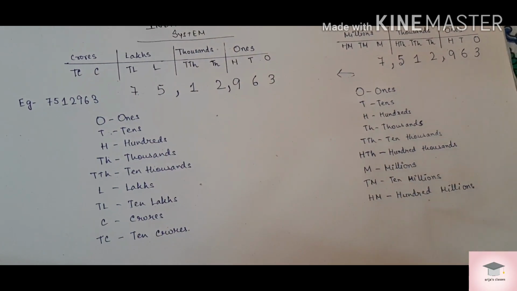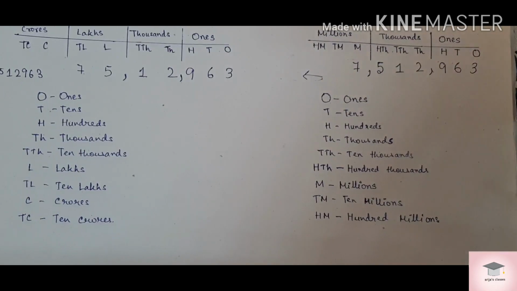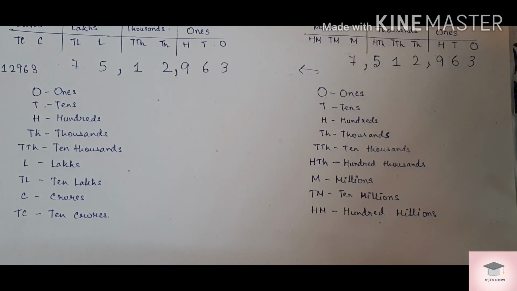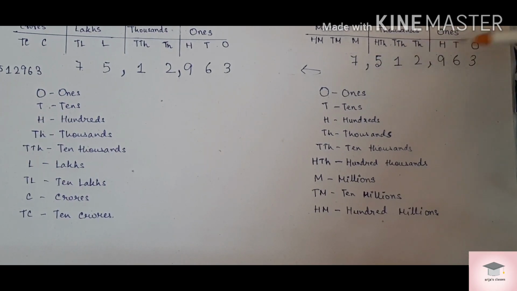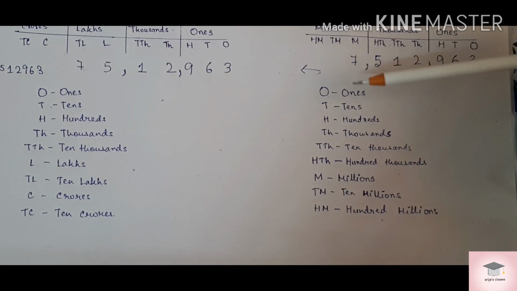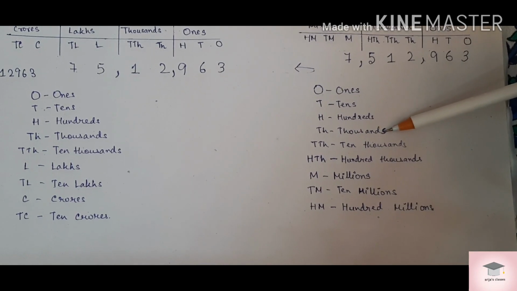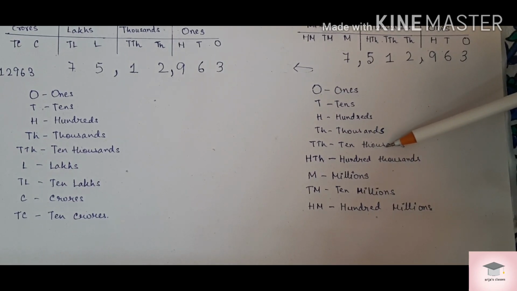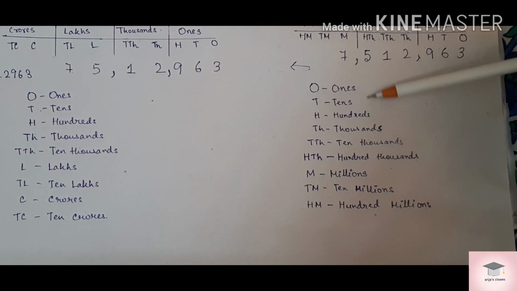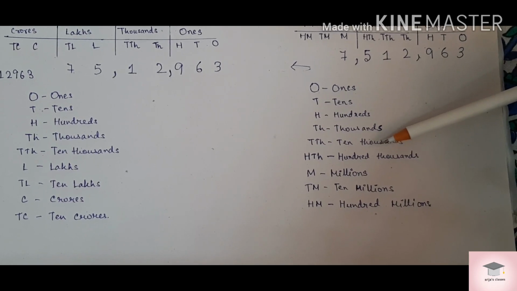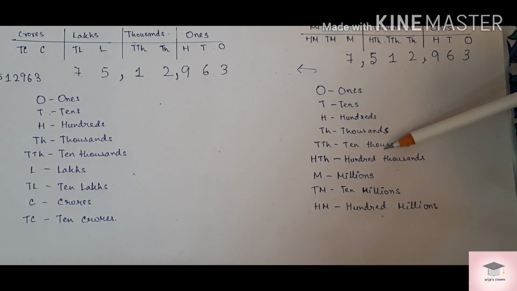Now what about the international number system? In the international number system, O stands for ones as usual, T for tens, H for hundreds, TH for thousands, TTH for 10,000s. Up till this we know. Till this it is the same as the Indian number system.